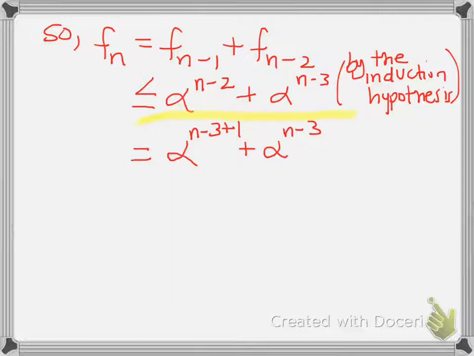So we went from f sub n minus 1 plus f sub n minus 2 is less than or equal to alpha to the n minus 2 plus alpha to the n minus 3. Now here, it takes some more thinking. As we master these techniques, the proofs are becoming more and more intuitive, more and more sophisticated. Hopefully from these two steps you're clear.